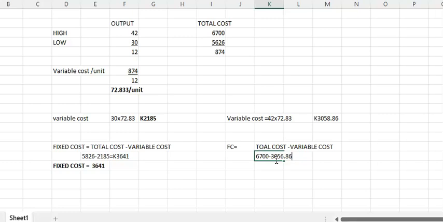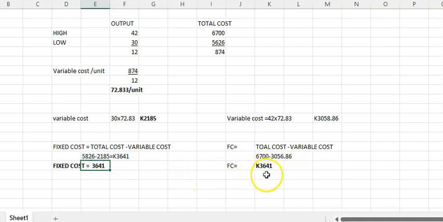When you subtract these, it will give you the same 3641, and this is actually what we have found. 3641 Kwacha.